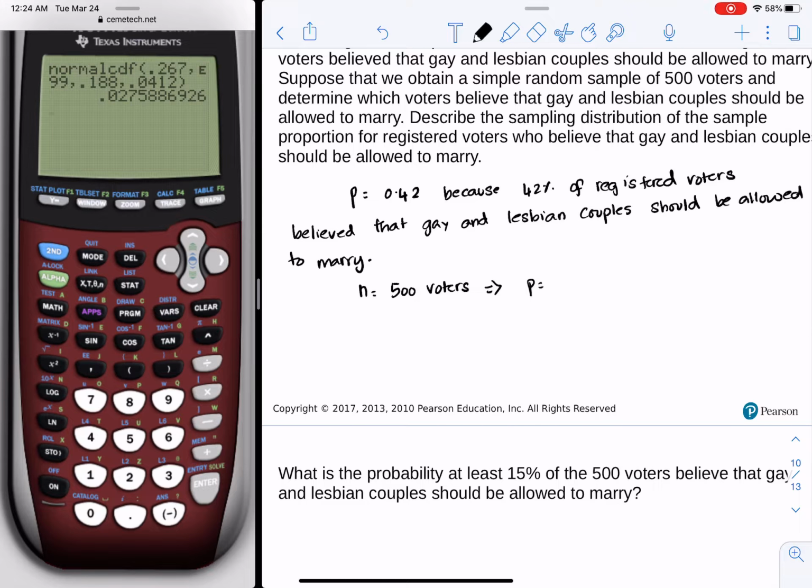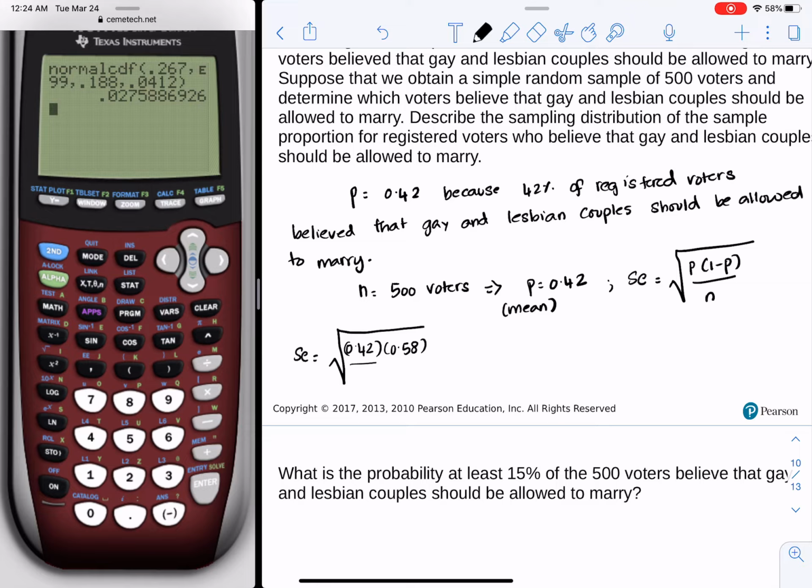So p would remain at 0.42, which is the mean. But the standard error, which is the standard deviation of the sample proportion, would be the square root of p times 1 minus p divided by n. So the standard error is the square root of 0.42 times 0.58 divided by 500.